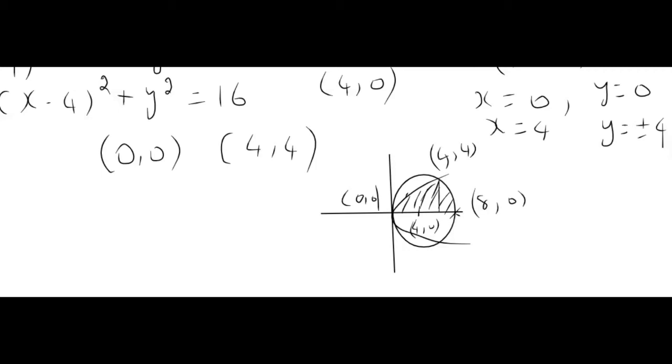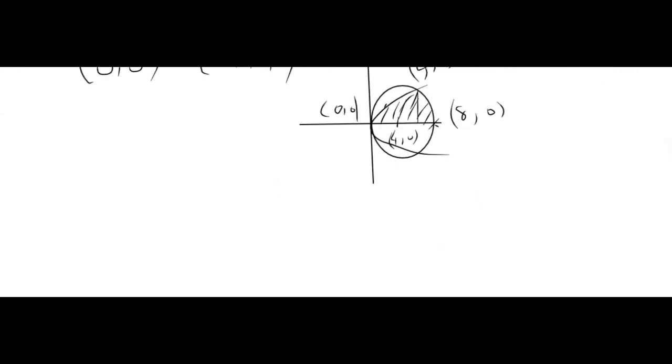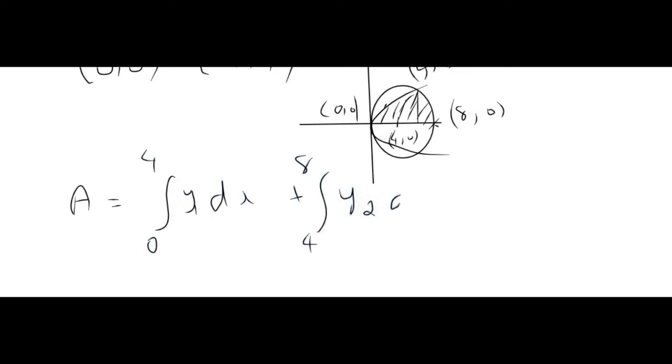And from 4 to 8, the x coordinate from 4 to 8, it is going to be that of the circle. So the required area is A is equal to integration of 0 to 4 y1 dx plus integration of 4 to 8 y2 dx, where y1 is that of the parabola and y2 is that of the circle.